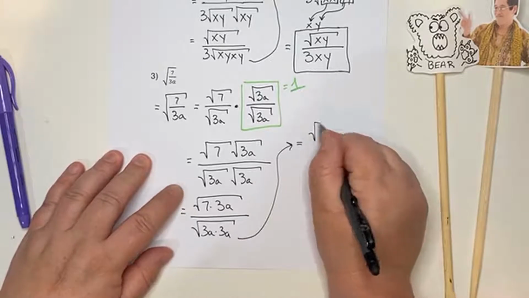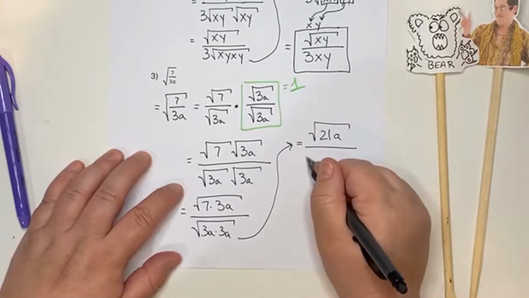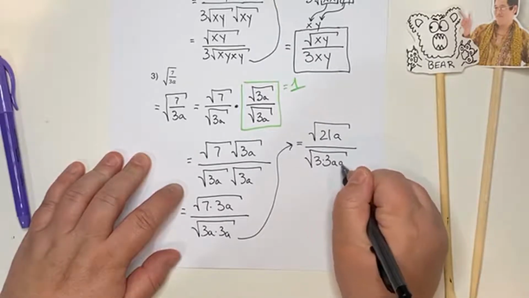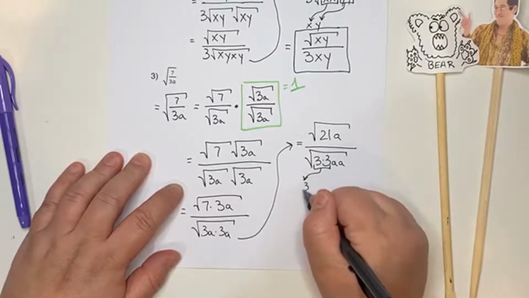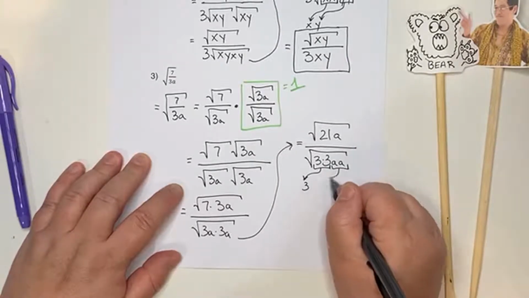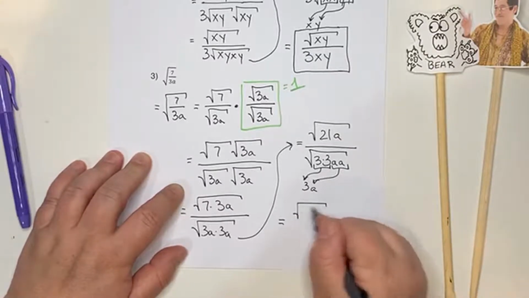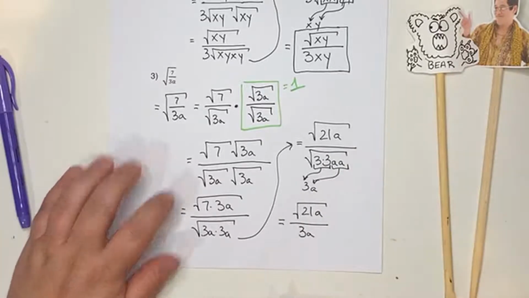Up top, 21a. Down in the denominator, I can move some factors around and get 3 times 3 times a times a. The 3's go running. The a's go running. And I end up with radical 21a all over 3a.